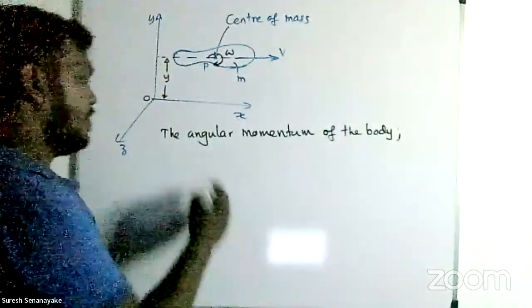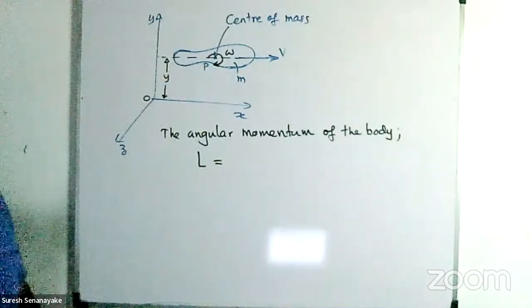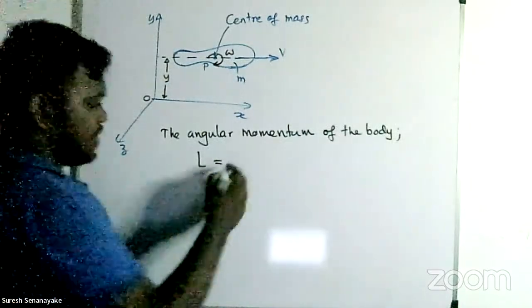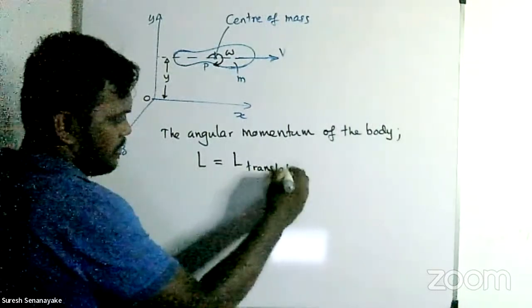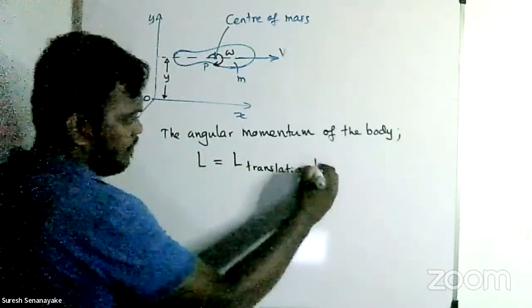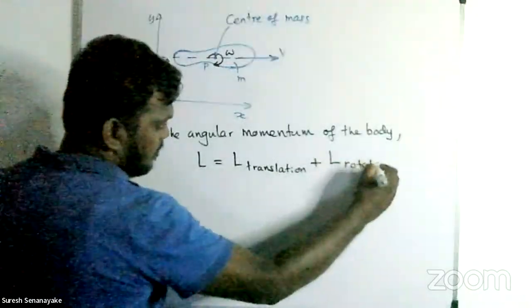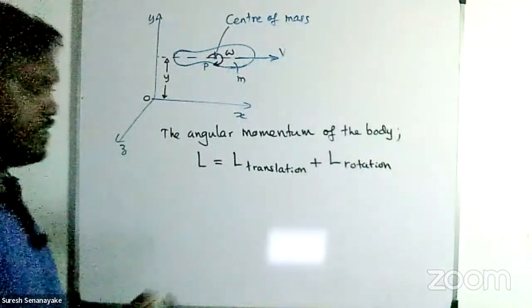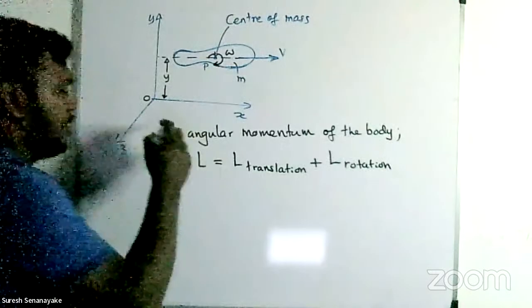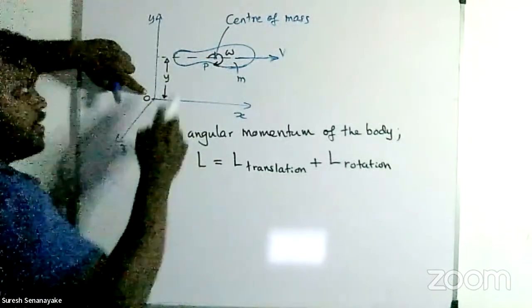That's L equals the angular momentum due to translational motion plus the angular momentum due to rotational motion. You are taking the angular momentum about the point over here, right?